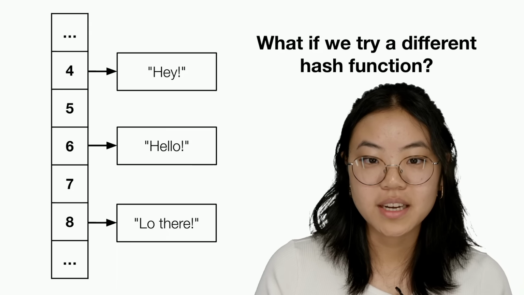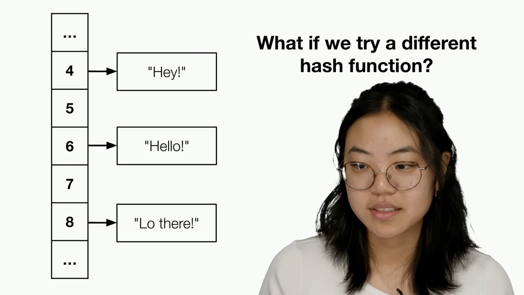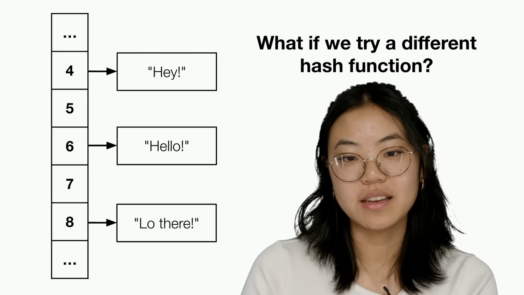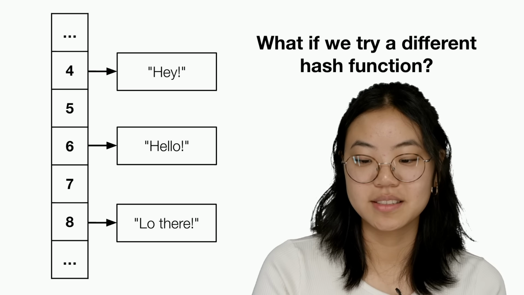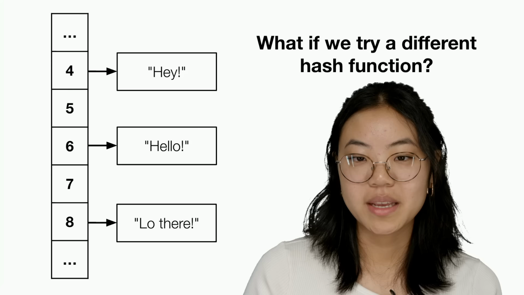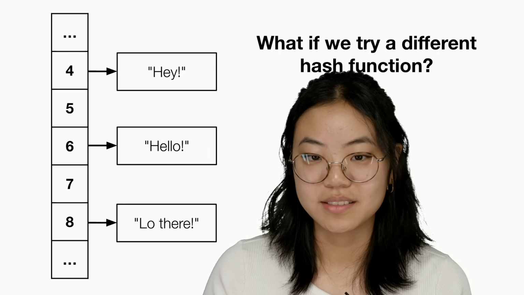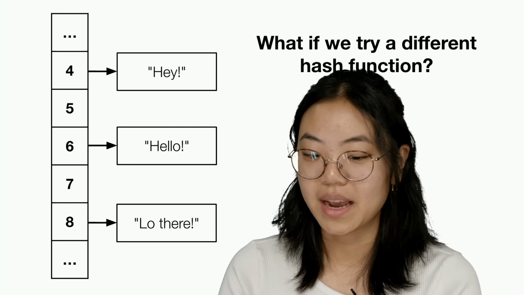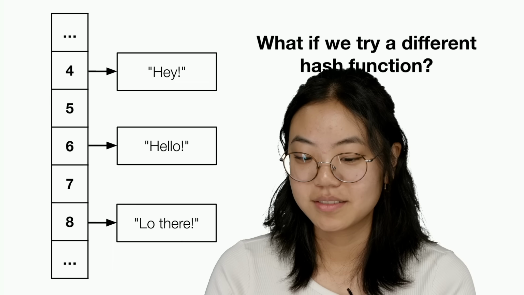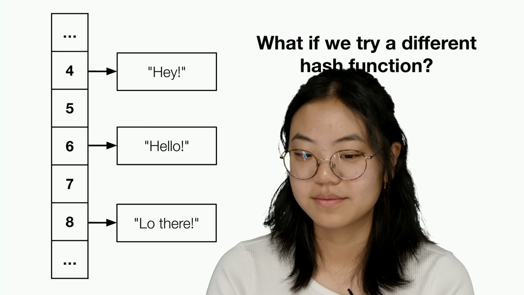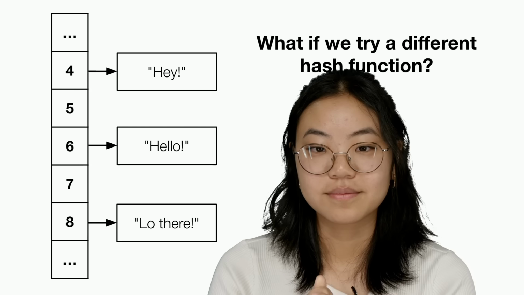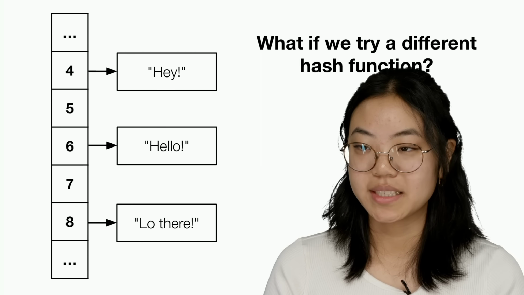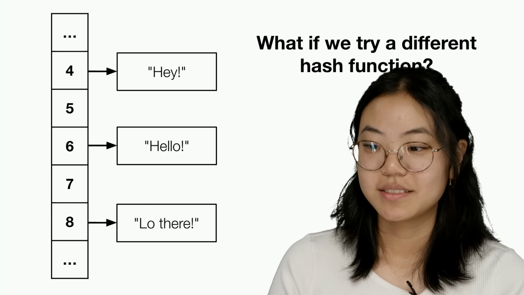So what if we tried a different hash function? A different way of mapping our entries to buckets. So what might the mapping be in this case here? You can see the pattern. How are these 3 words mapped to buckets?